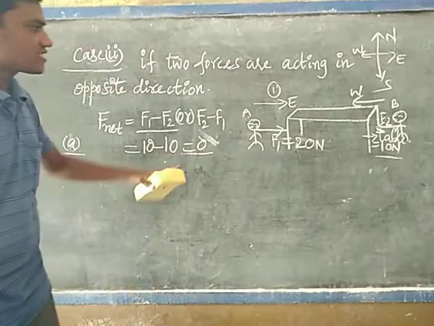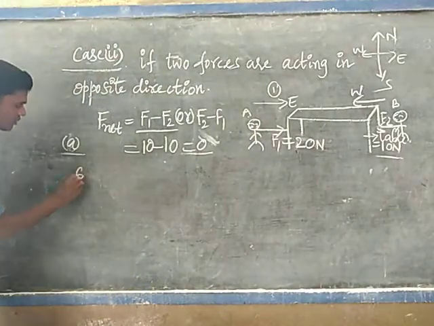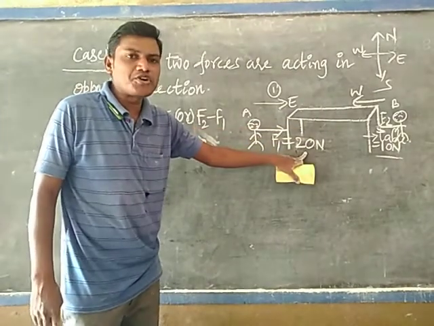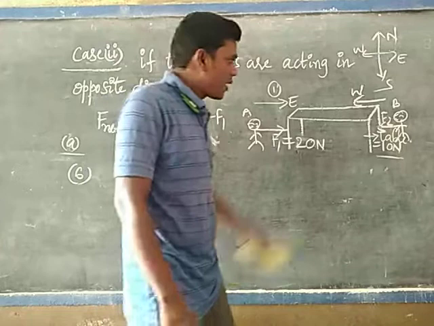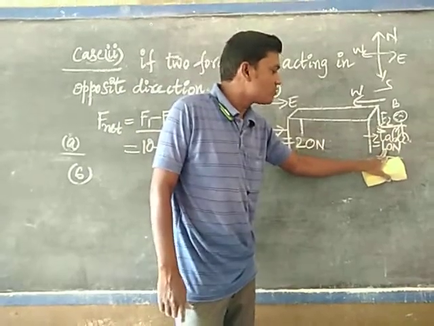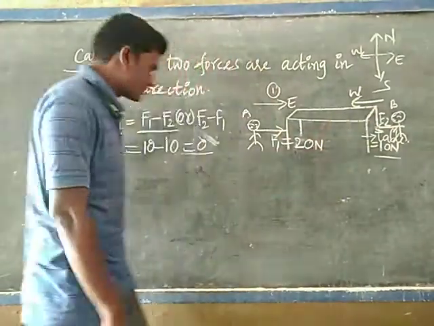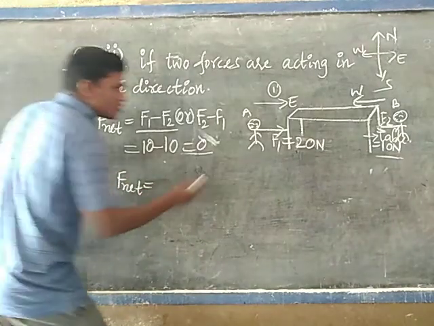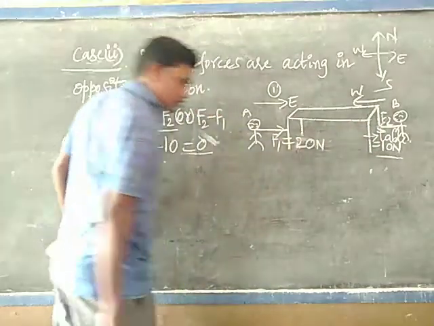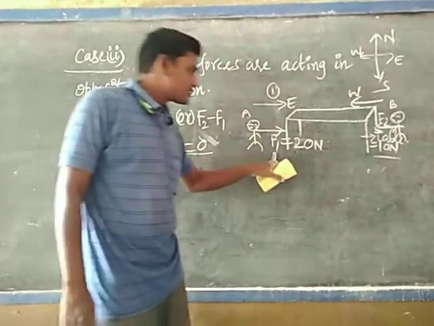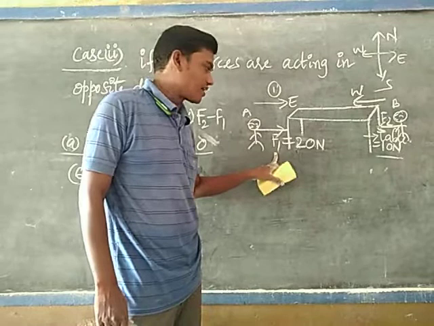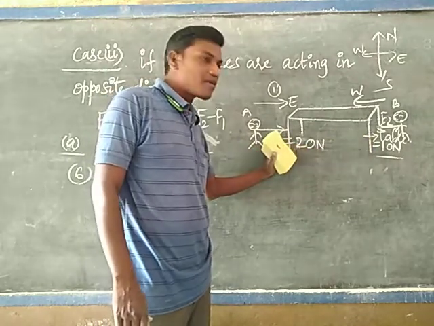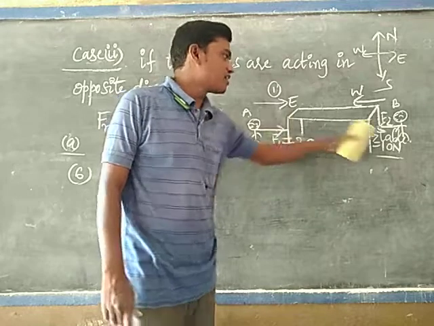Now, in the second condition, case B. A person pushes the table with 20 Newton force towards the east. B person pushes the table with 10 Newton force towards the west. What is the F net concept according to this? 20 is greater than 10, so it is F1, and we consider it as the main one.